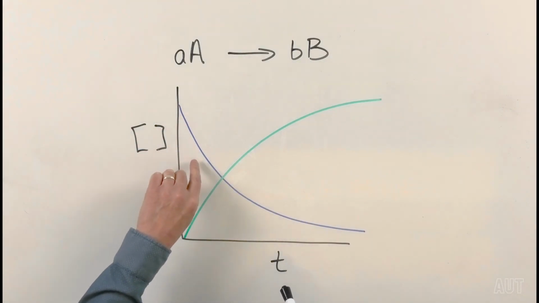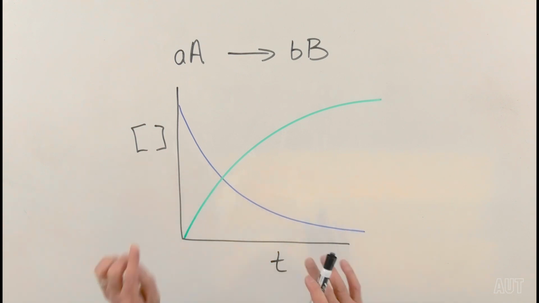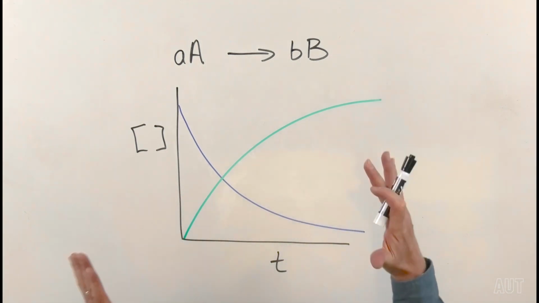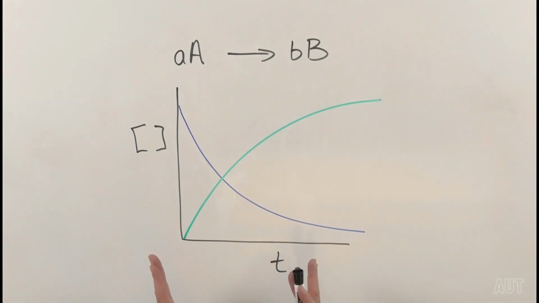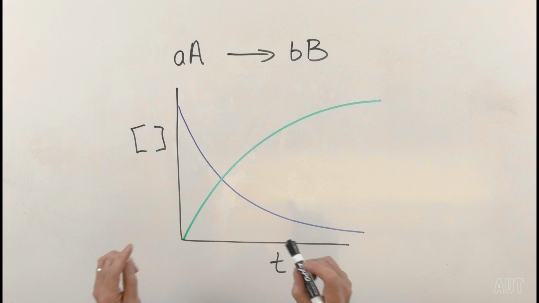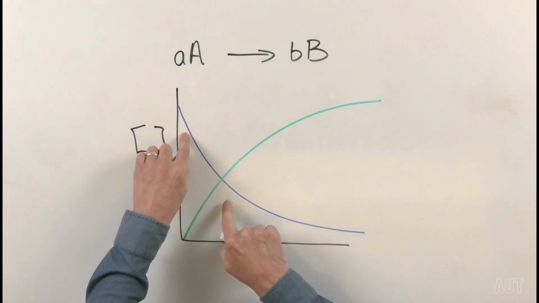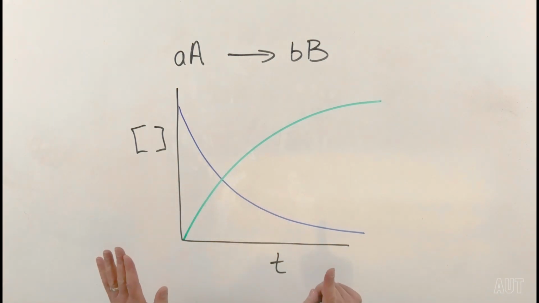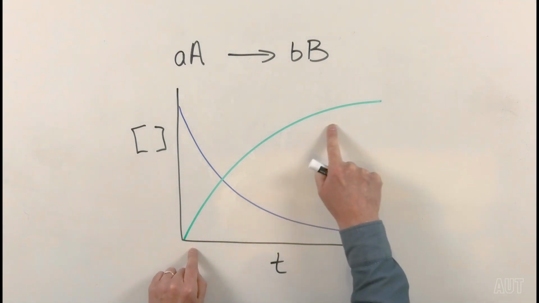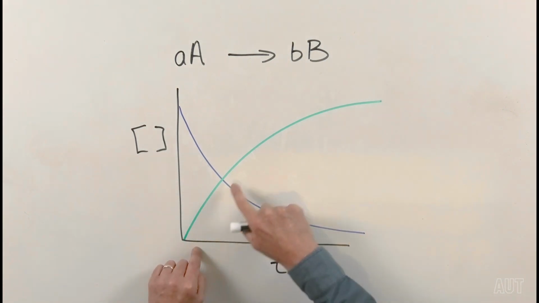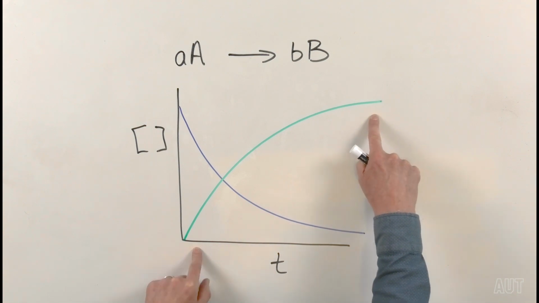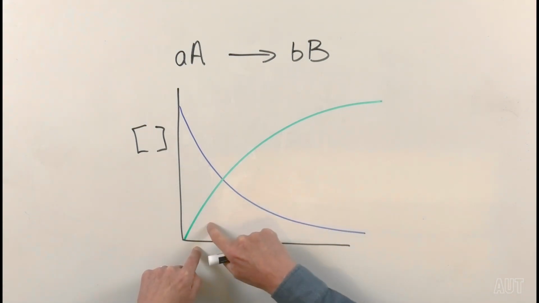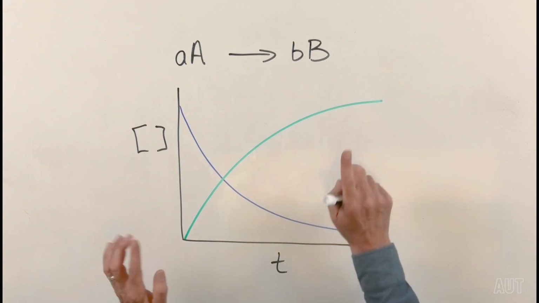The rate at which the concentration of A is decreasing over time, the rate at which the concentration of B is increasing over time. Okay, so when we're talking about rates, as I said last time, we are interested in slopes. In other words, the rate of change of concentration of A at any time is related to the slope of this graph here in blue. And the rate of change of concentration of B at any time is related to the slope of that curve of B versus time.